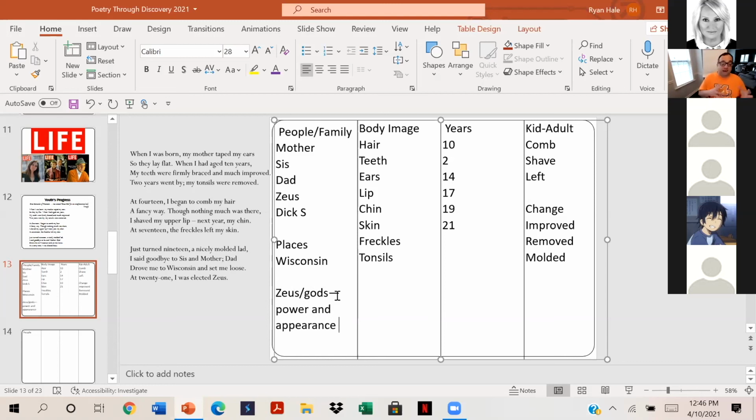Somebody else, why more words about body part than anything else? If we're gonna look at complexity, which we have to do on this exam, that means it's more than one thing. So if that's the good thing, power and appearance, is there a bad part to that too? Is there a bad part to there being so many words about body?